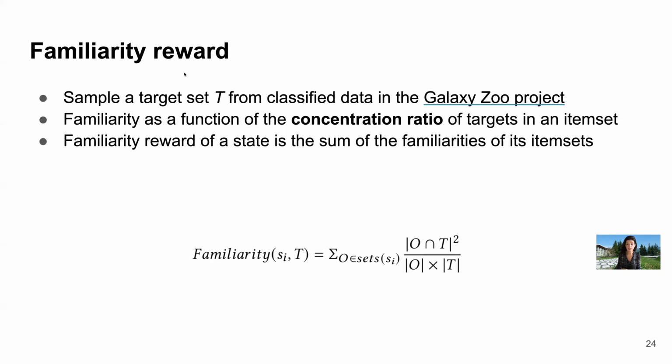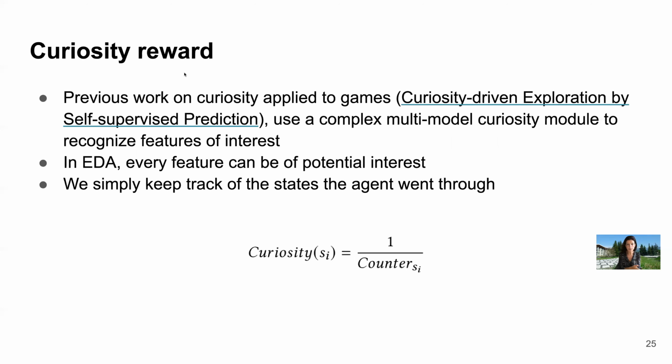And the familiarity is a modified Jaccard index between the sets that are returned by a state, and the application operation to a state, and the target items that are used for training. And the curiosity is quite simple in our case.